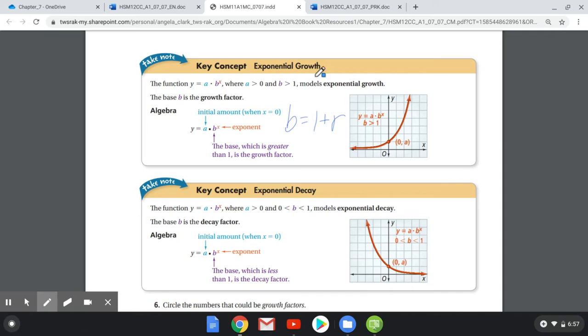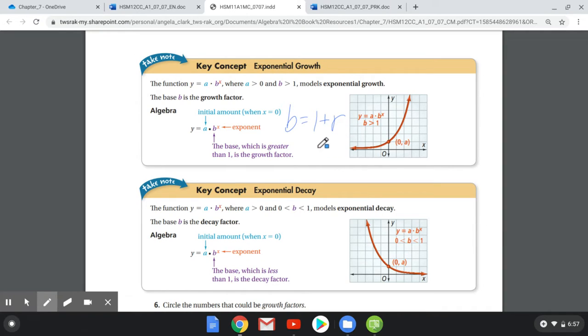Whatever rate we're given, if we're already given a decimal, that's fine. If you're given a fraction, make that into a decimal, and then you're going to do 1 plus that number. So if you get a fraction or a percentage, turn that into a decimal, and then 1 plus that number.